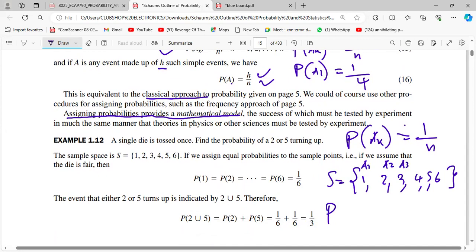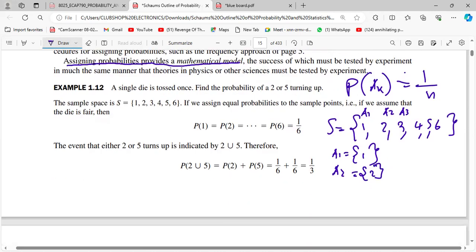All right. So for example, A1 is equal to 1, A2 is equal to 2, A3 is equal to 3, A4 is equal to 4, A5 is equal to 5, and A6 is equal to 6.